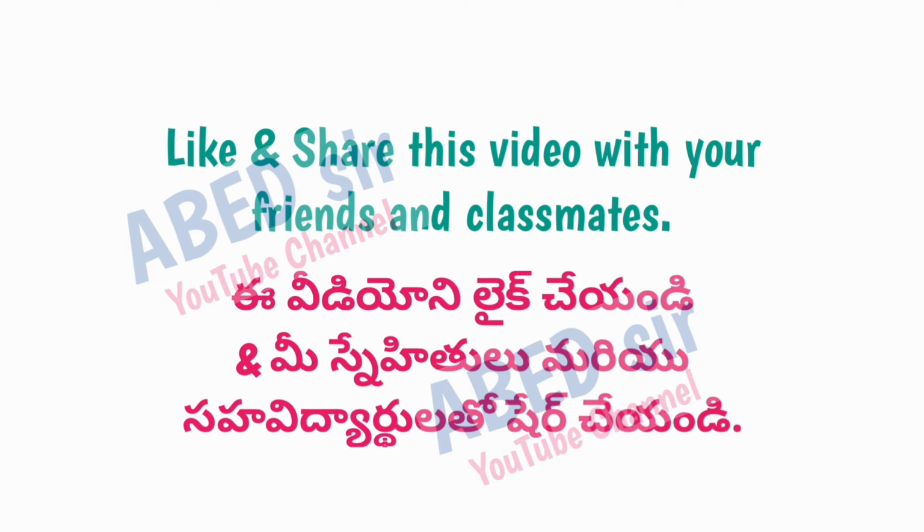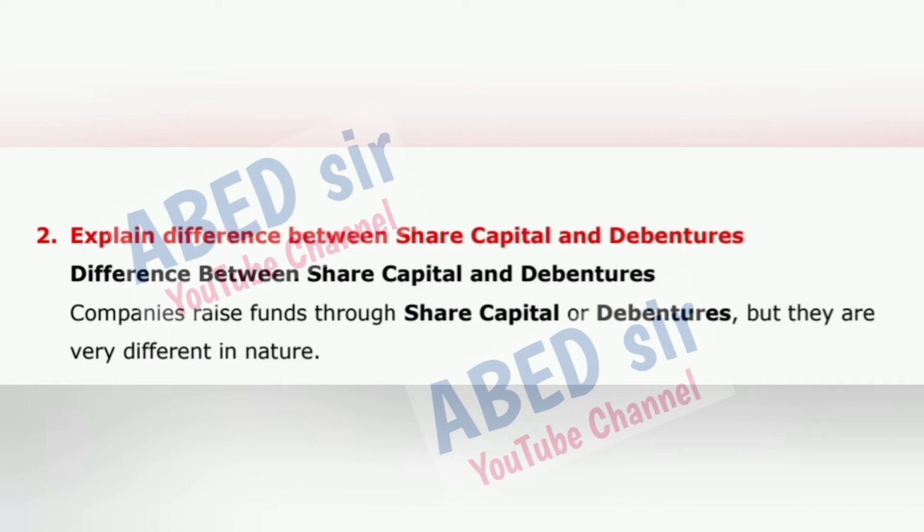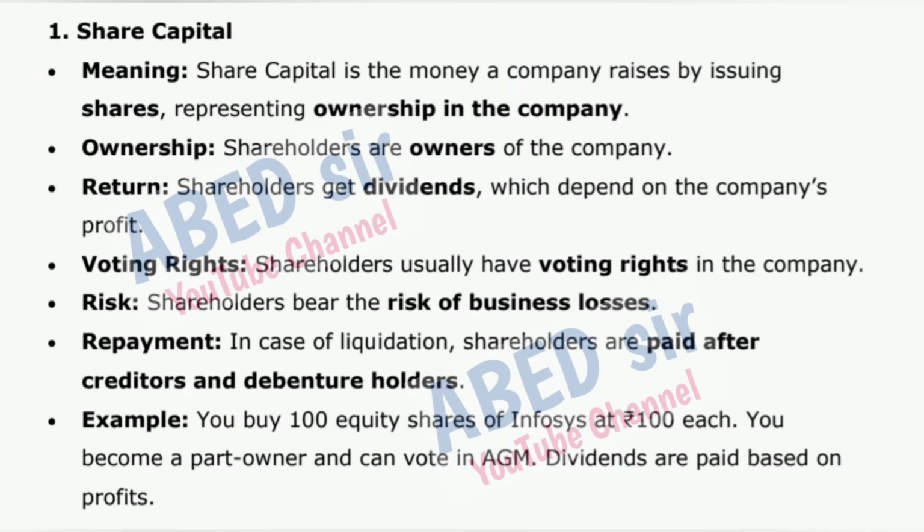Next important long question is: explain the difference between share capital and debentures. Companies raise funds through share capital or debentures, but they are very different in nature. 1. Share capital. Share capital is the money a company raises by issuing shares, representing ownership in the company.